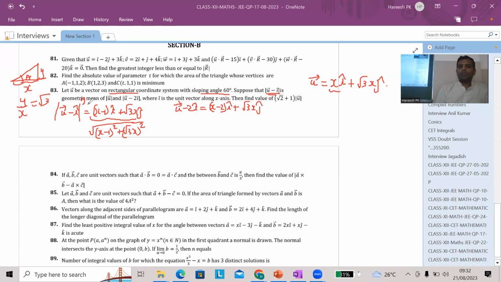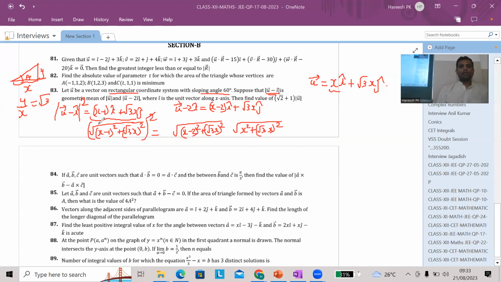The square of the middle one should be equal to the product of the other two. So the square of this should be root of x minus 2 whole square plus root 3 x whole square, into root of x square plus root 3 x whole square. Understood?